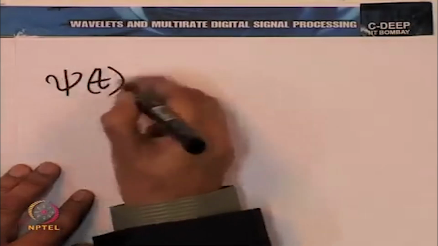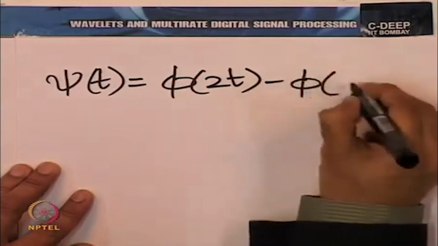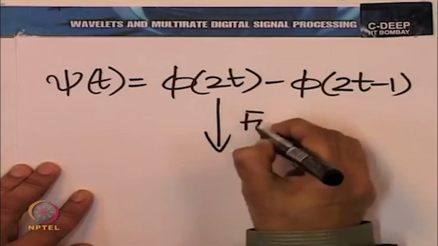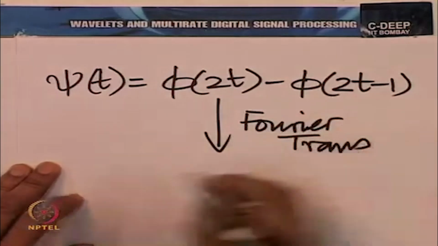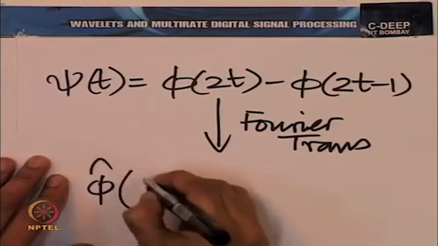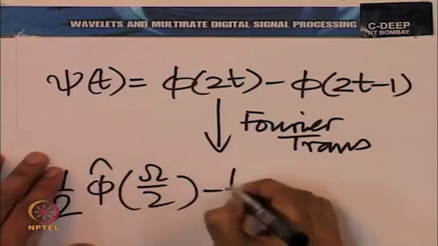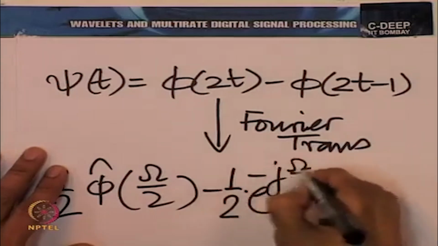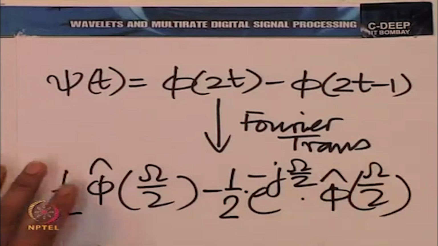Psi t, which is phi 2 t minus phi 2 t minus 1, has the Fourier transform phi cap omega by 2 minus e raised to the power minus j omega by 2 times phi cap omega by 2.